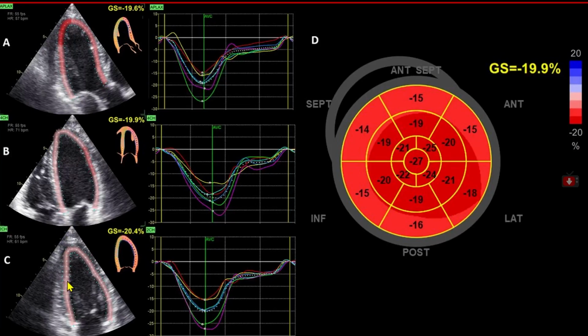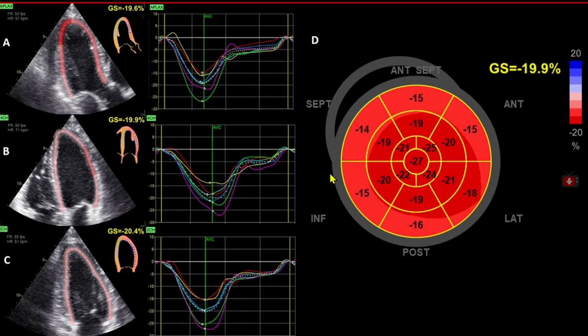And there are speckles. And these speckles move with the contraction of the ventricle in the longitudinal axis. When these speckles move in the longitudinal axis, they are tracked during systole and diastole, and the difference in the speckle distance between systole and diastole is expressed as percent shortening.